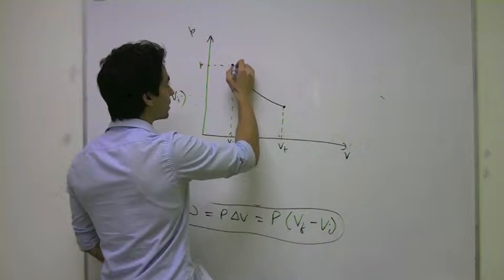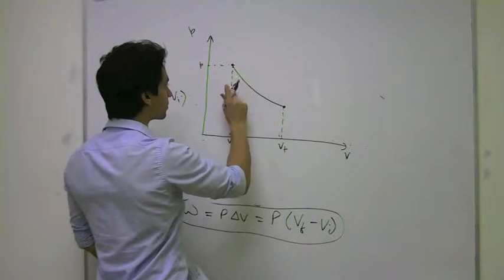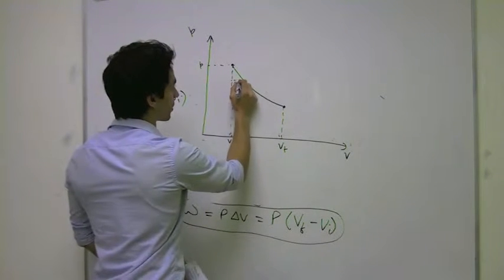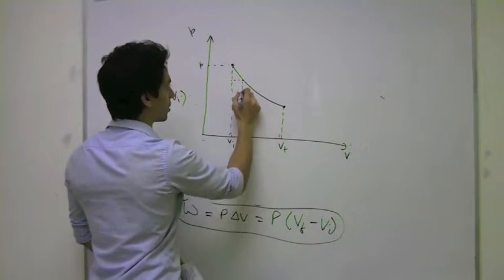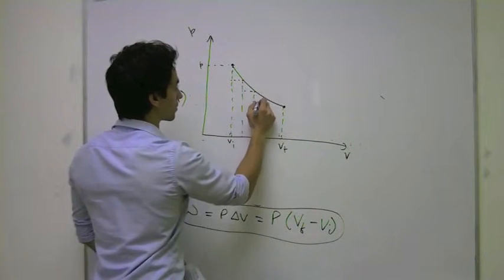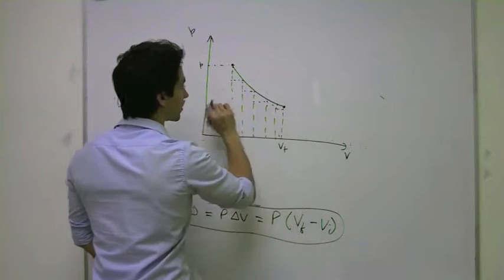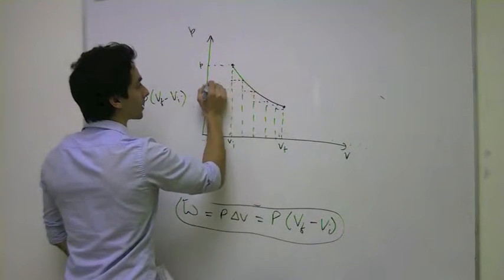So what can be done now is that we divide this entire graph into small rectangular segments, and then we sum up all these rectangular areas.